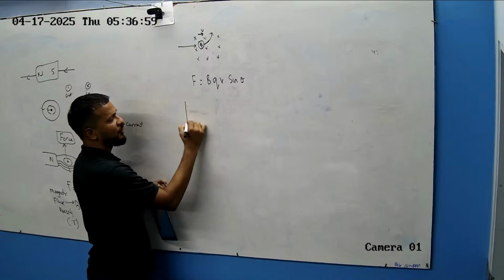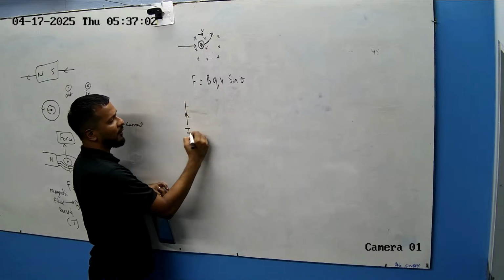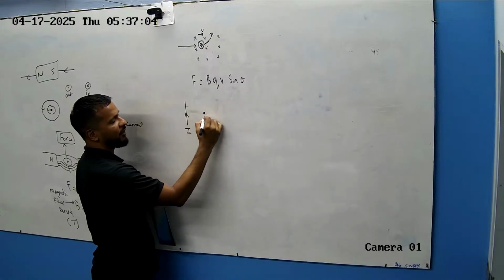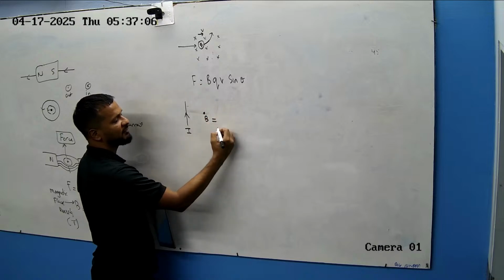Let's say you have a straight conductor carrying current I, and you want to find the magnetic flux density here. How do you find it?